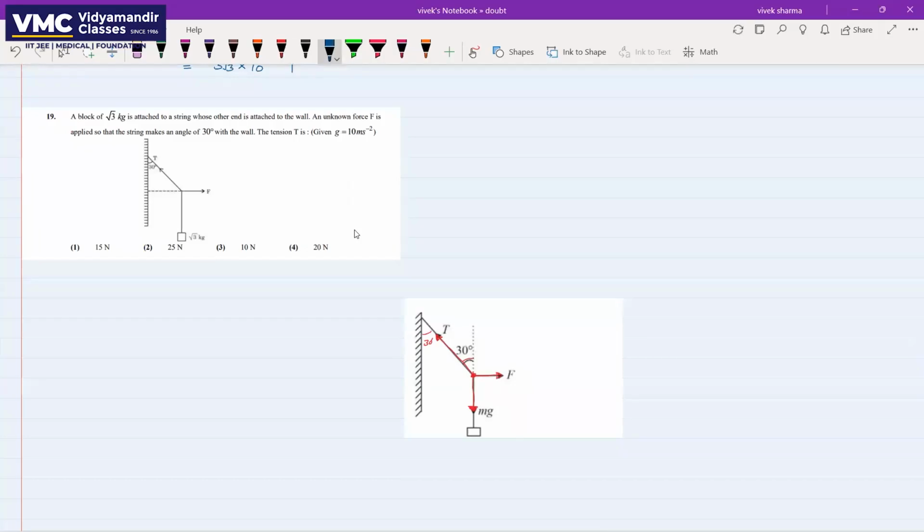So I can use Lami's theorem, or even you can also take the components of tension और forces को x और y axis के along balance कर देंगे.